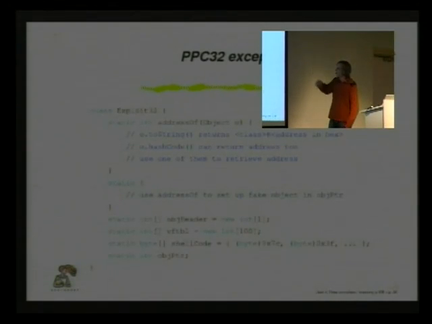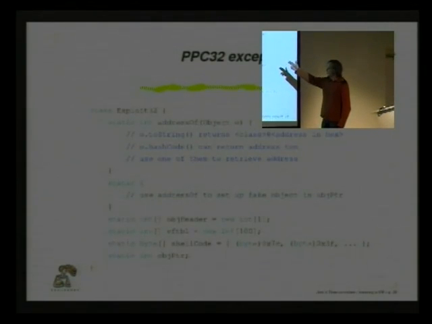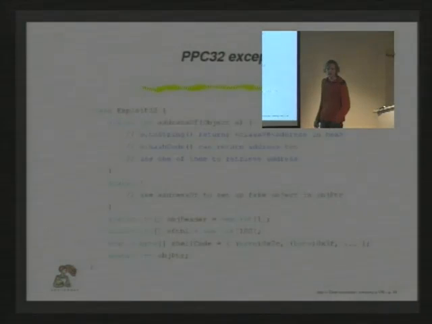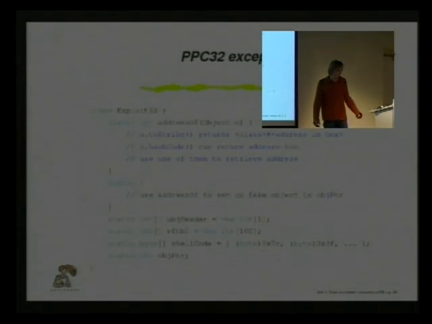So using one of them, we implement such an address of function that returns the address of the object. And in such a static initializer, we again set up a fake object header with a fake virtual function table and with shellcode, as we did in the previous example.